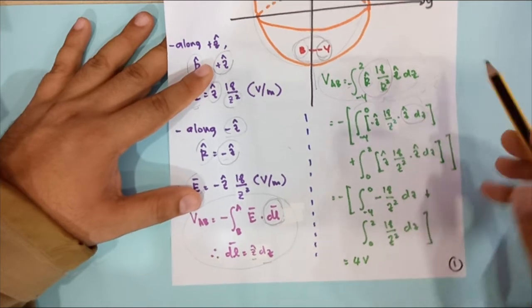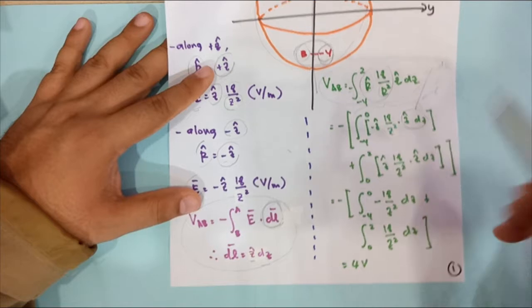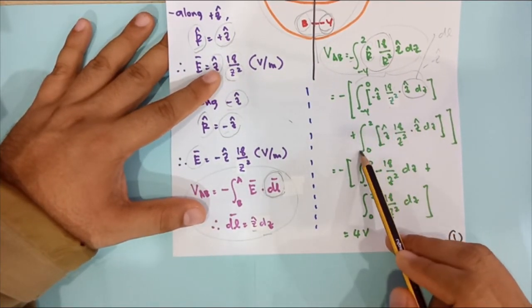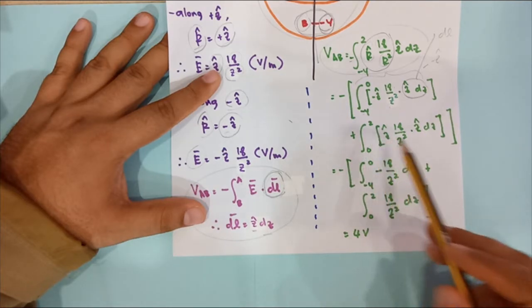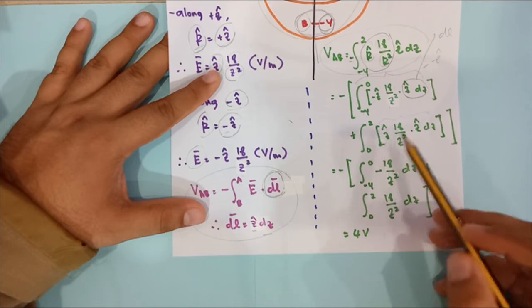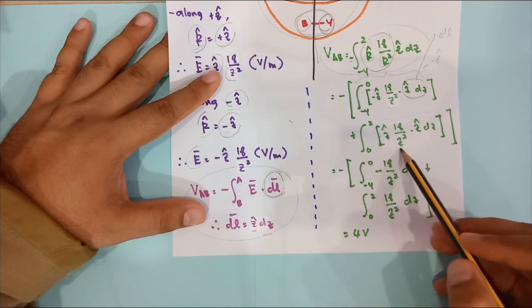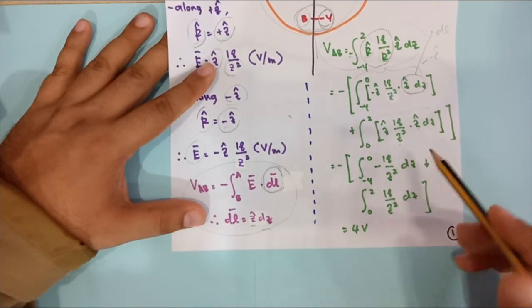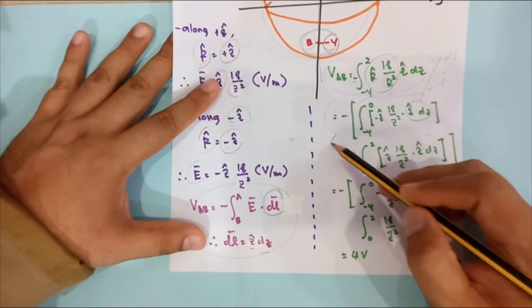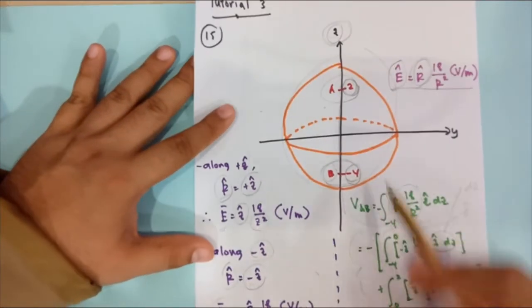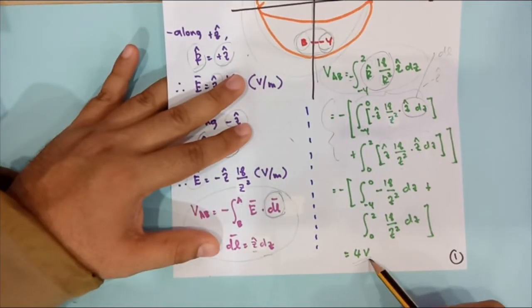This is the expression for dl, and our second term is the integration from 0 until 2. This one is along the positive z, so we have z cap 18 divided by z squared dot z cap dz. If you solve this operation, the answer for the potential difference in this given case is equal to 4 volt.